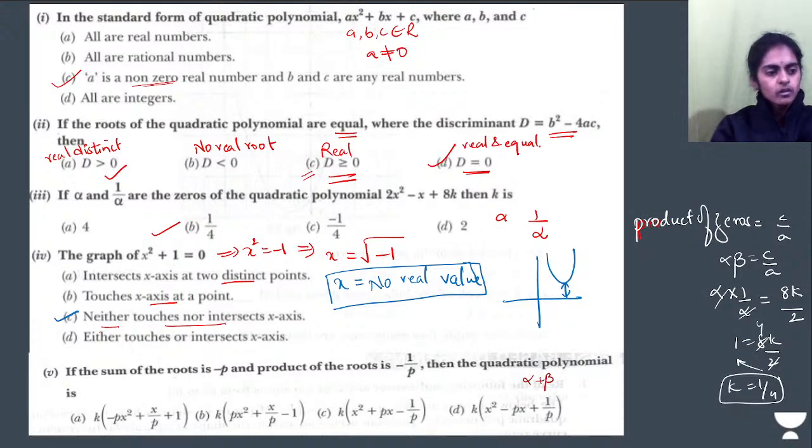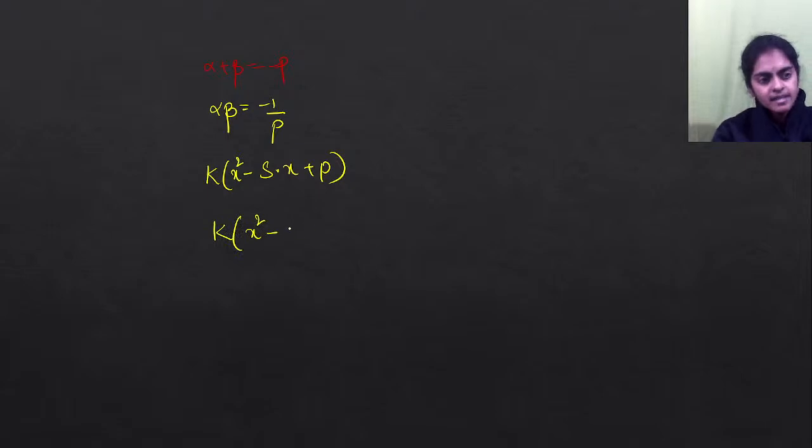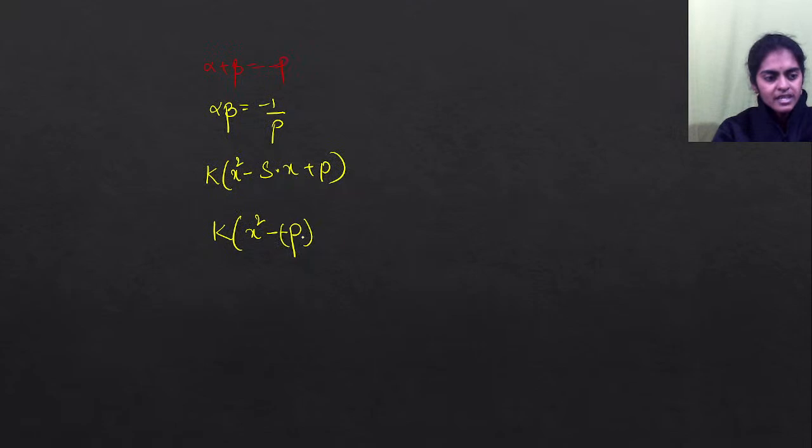Okay. So how do you find a quadratic polynomial beta? K times x square minus sum of roots into x plus product will give you the quadratic polynomial. So k times x square minus sum of the roots is minus p. So minus of minus p होगी plus p actually. Minus 1 by p is the product of the roots.